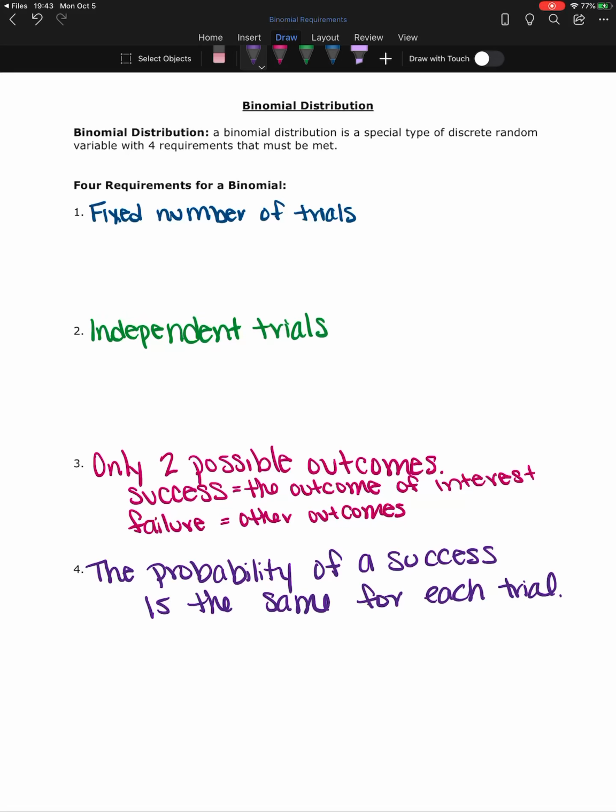Now that kind of goes along with the trials being independent of one another. Typically, if you have independent trials, the probability of a successful outcome will be the same, but there are some specific times where you might not have independent trials, so the probability of success does stay the same, or vice versa. So we just want to make sure that we're looking at things where the probability of success is stated as being the same.